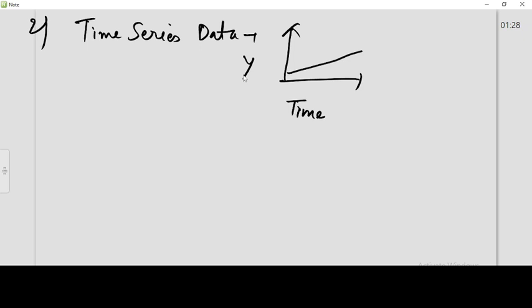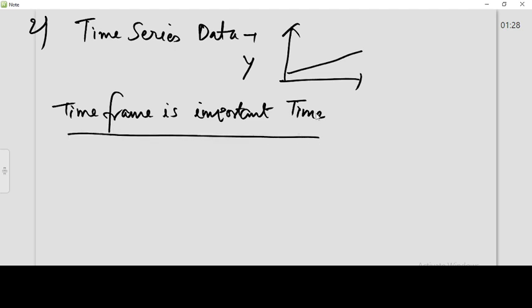In the case of time series data, your time frame is important. There is usually a stretch of time over which you are observing the data of a particular variable.